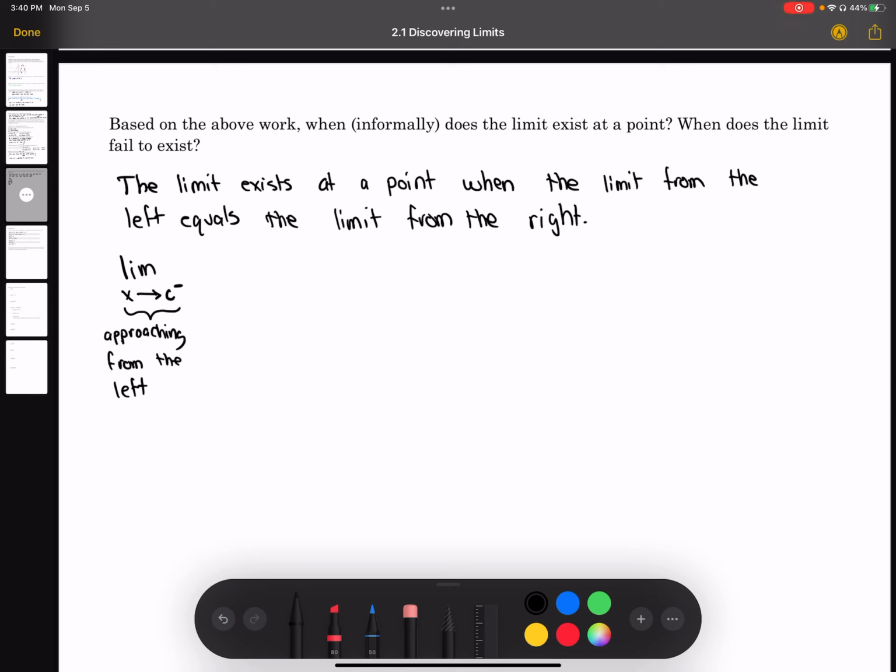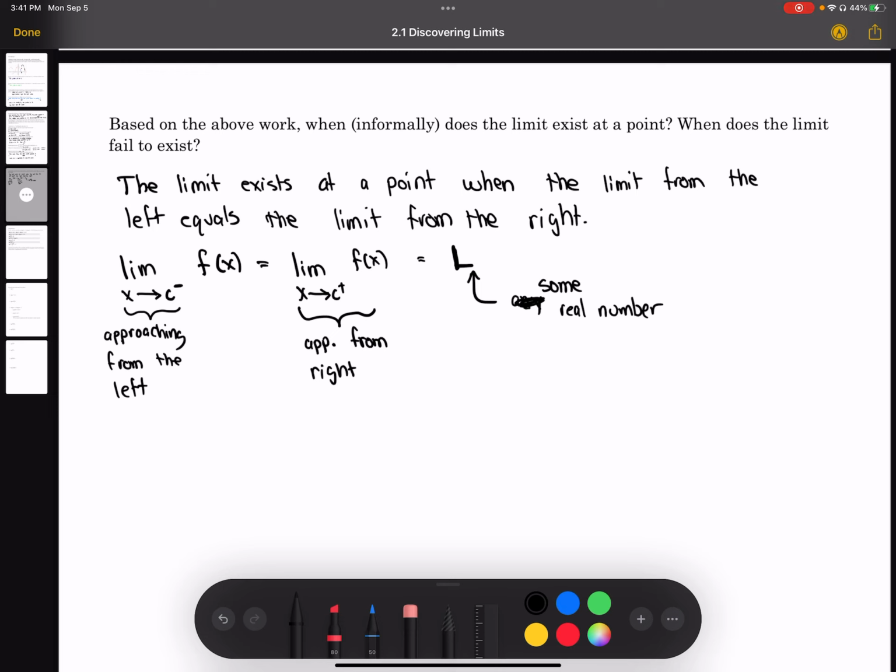So if the limit as we approach c from the left equals the limit as we approach c from the right, and so this notation means approaching from the right. And if those two things are equal, we get some limit value called L. And L is some real number.